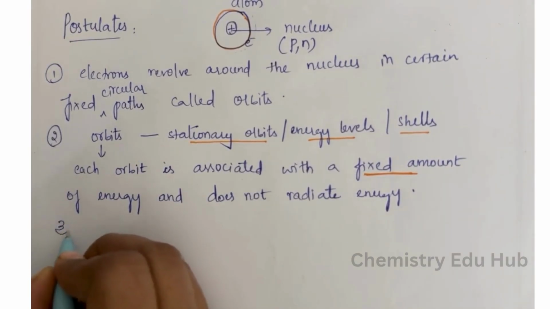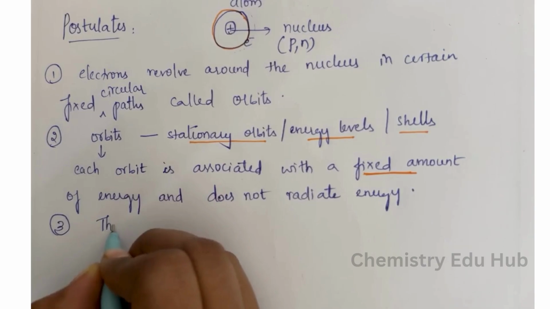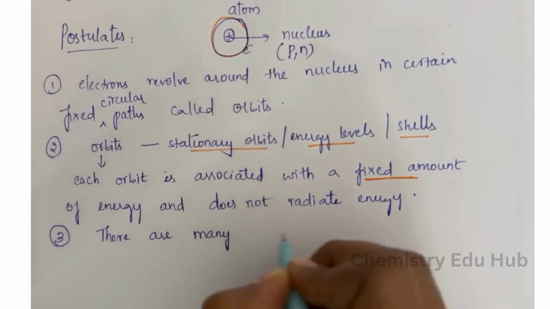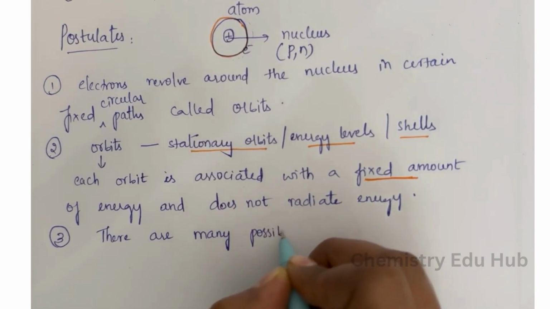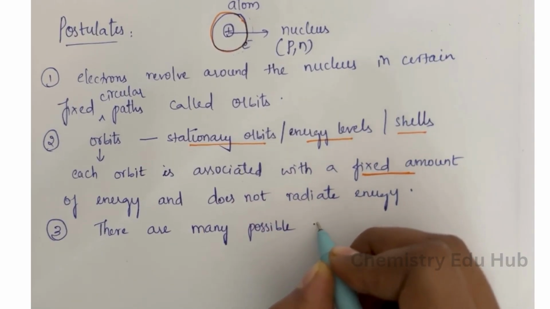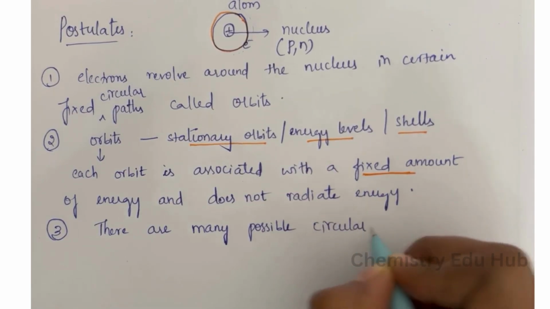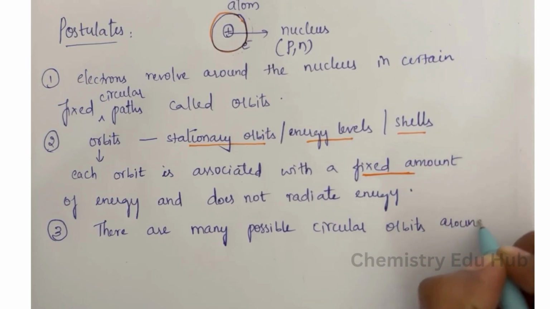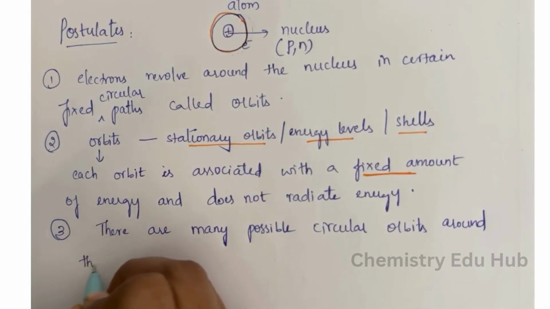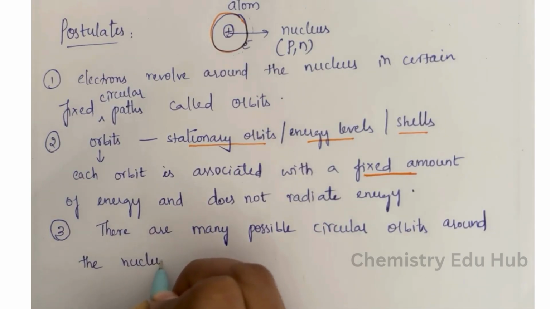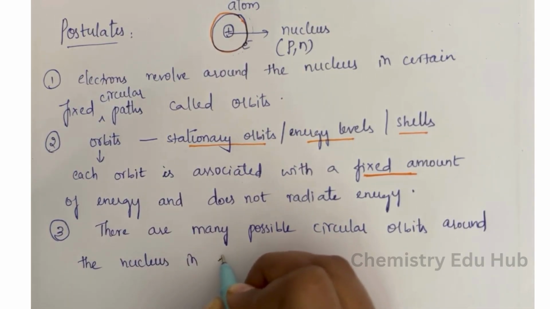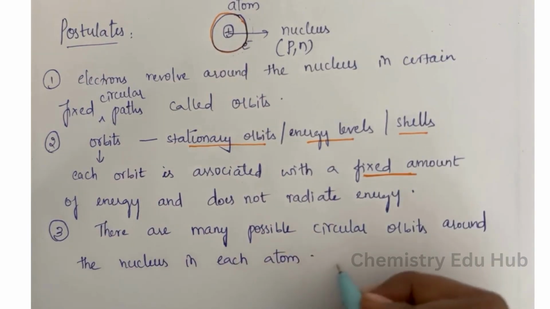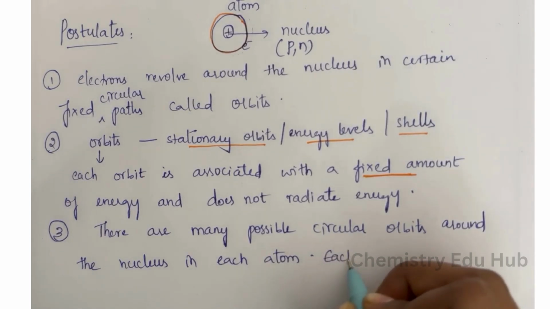The third postulate is there can be any number of possible circular orbits. There are many possible circular orbits around the nucleus in an atom, or you can say in each atom. And each orbit is represented by the symbol.